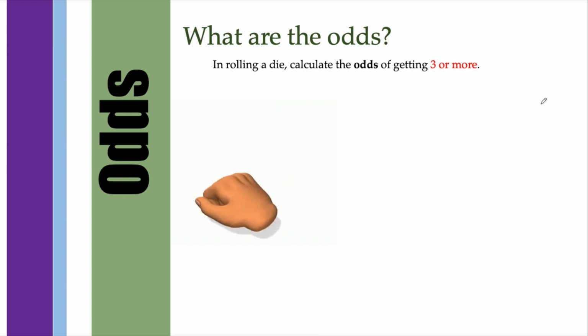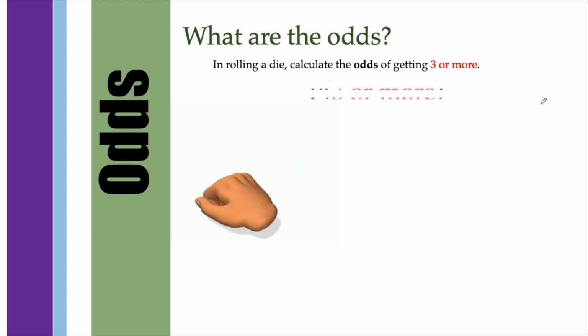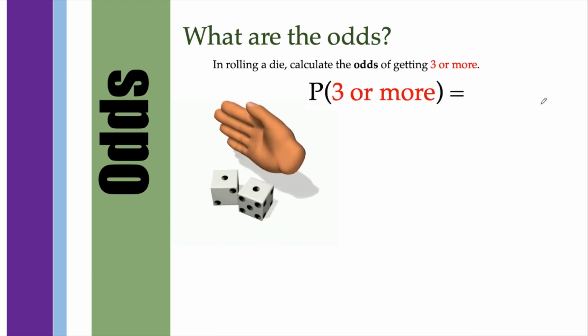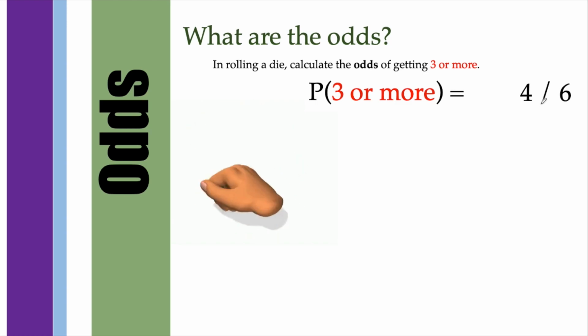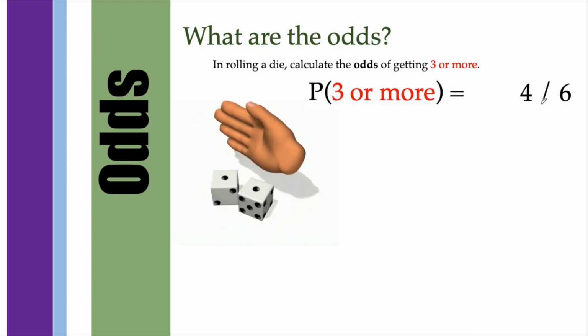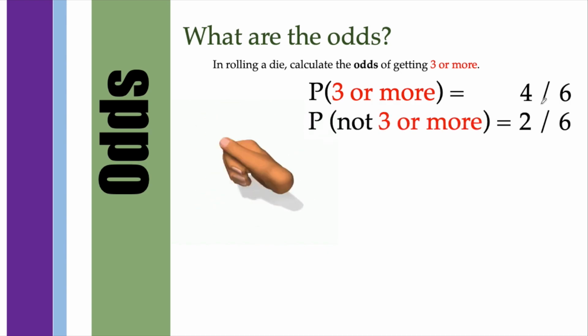In rolling a fair die, suppose you're asked to calculate the odds of getting 3 or more. So odds is the probability of getting 3 or more, so that's 4 over 6, all over the probability of not getting 3 or more, and that is 2 over 6.